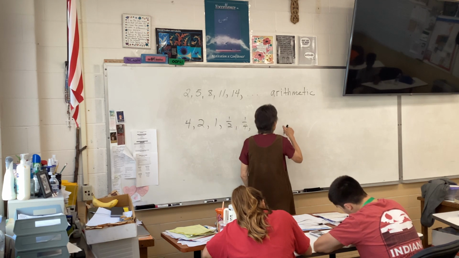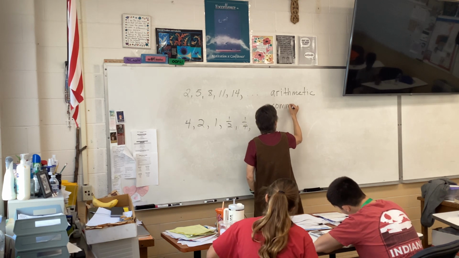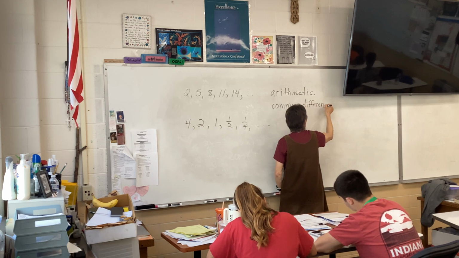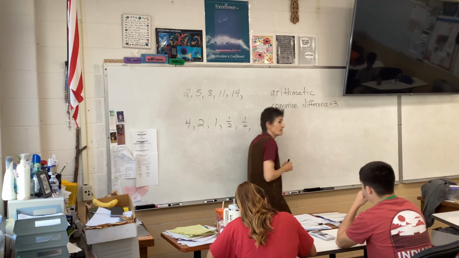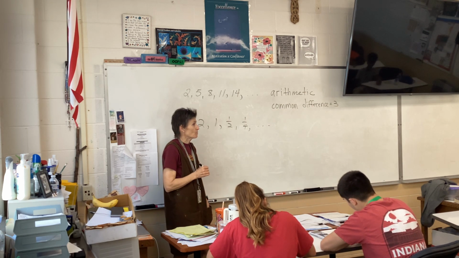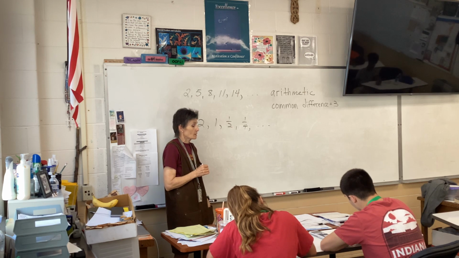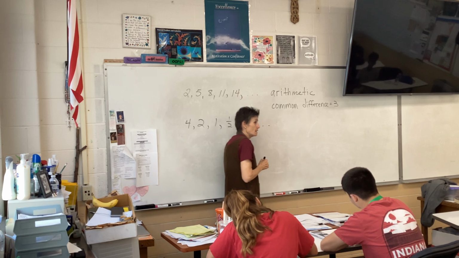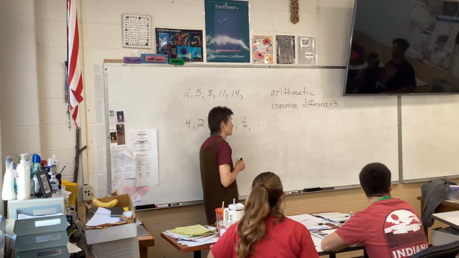The number that you add is called the common difference. So in this problem, the common difference is 3. That is the number that we add to get from term to term. Okay? You get it?